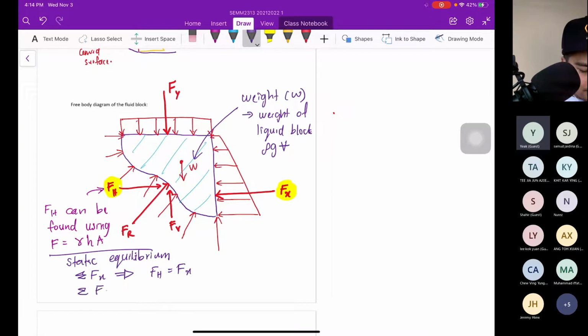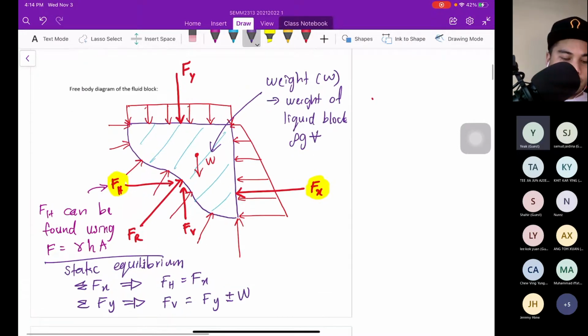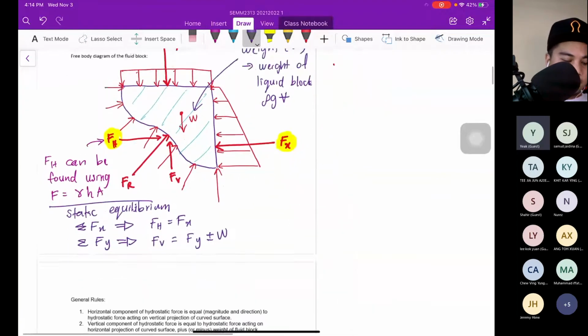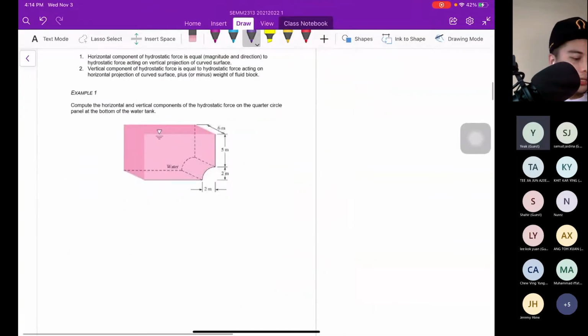Summation of force in the y direction, basically force in V equals force in y plus or minus the weight. I will explain later why it is plus or minus. This is the general rule. I want to show you an example.